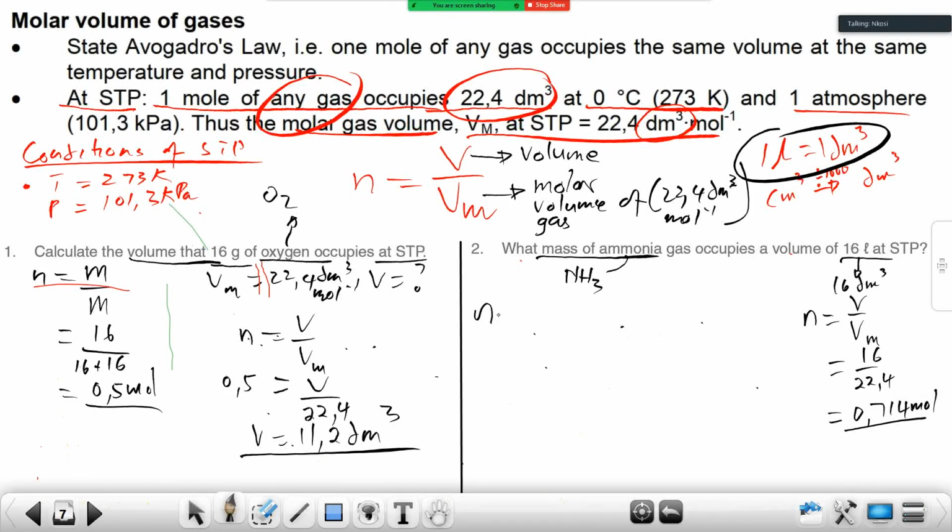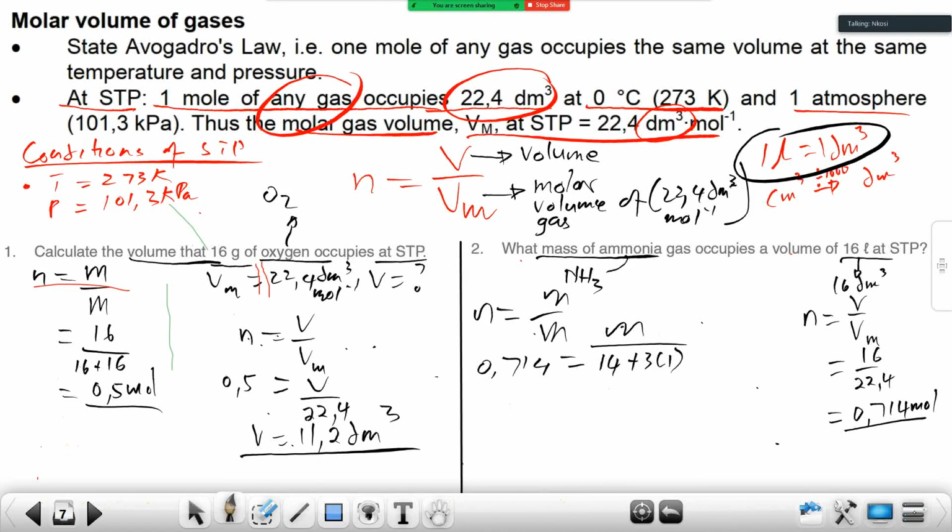Can I now relate the number of moles with mass? Yes, I can. So I have 0.714, which is equal to mass over the molar mass of ammonia. So what do I know? Nitrogen is 14 plus 3 multiplied by 1, so that is basically 17.